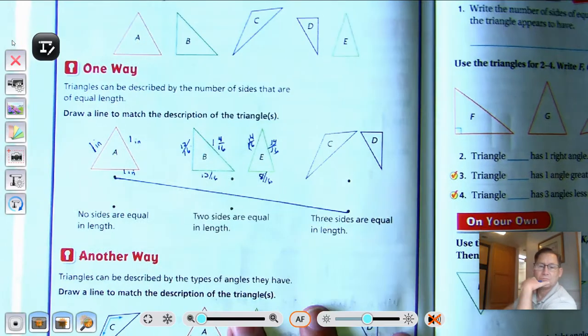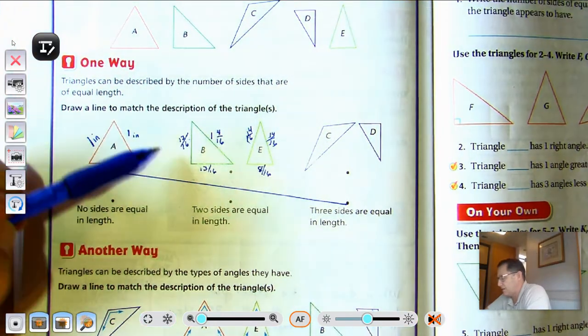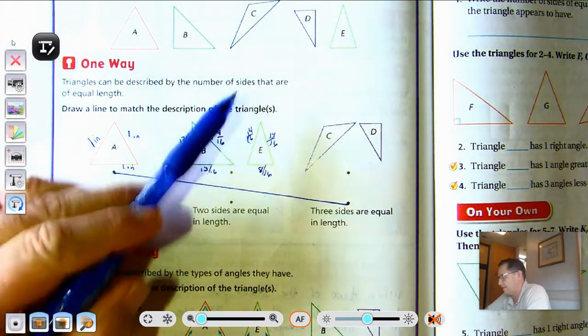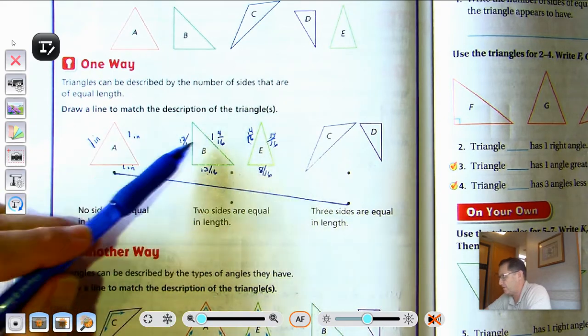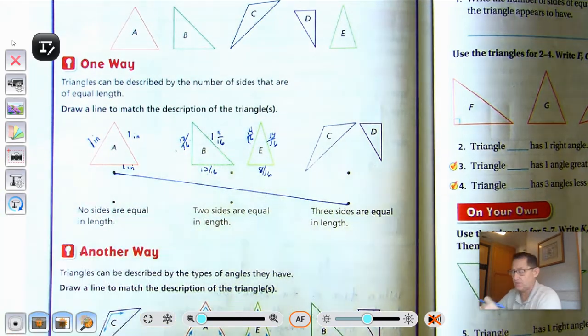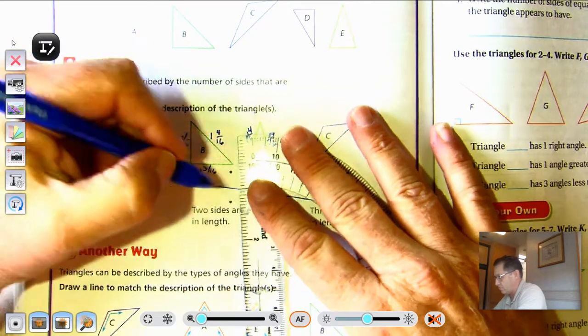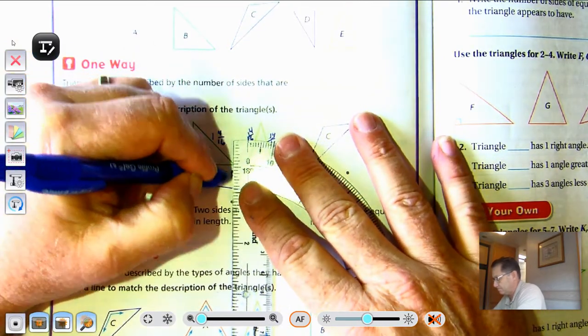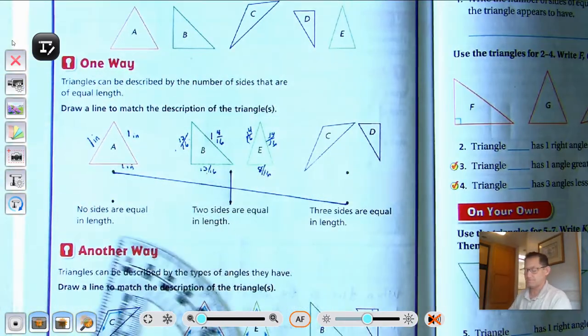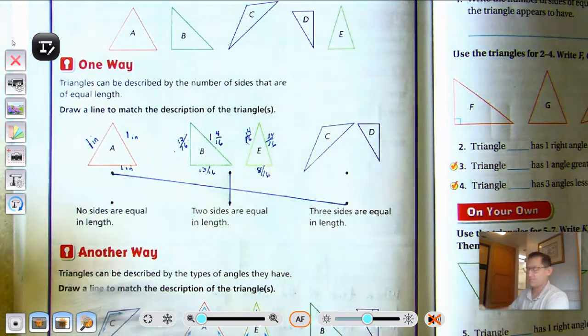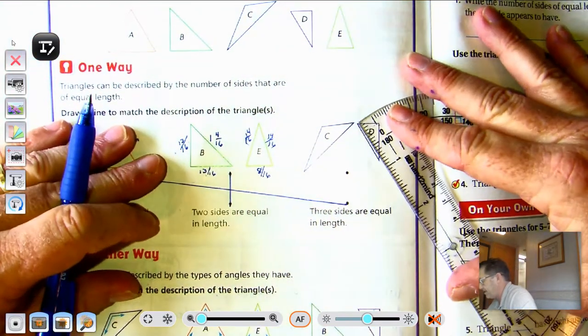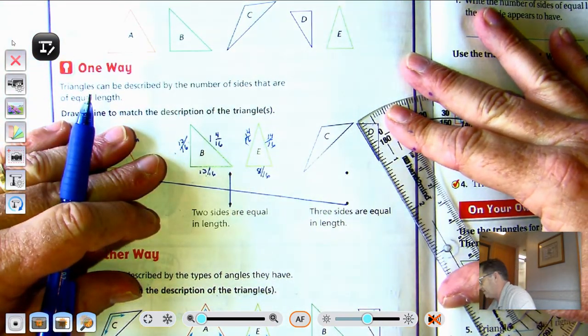Okay, so when I look at these two, I see that these two sides are equal and these two sides are equal. The third side is not equal. So two of the sides are equal. And so these three, they're probably not the same. Any of the sides are probably the same.